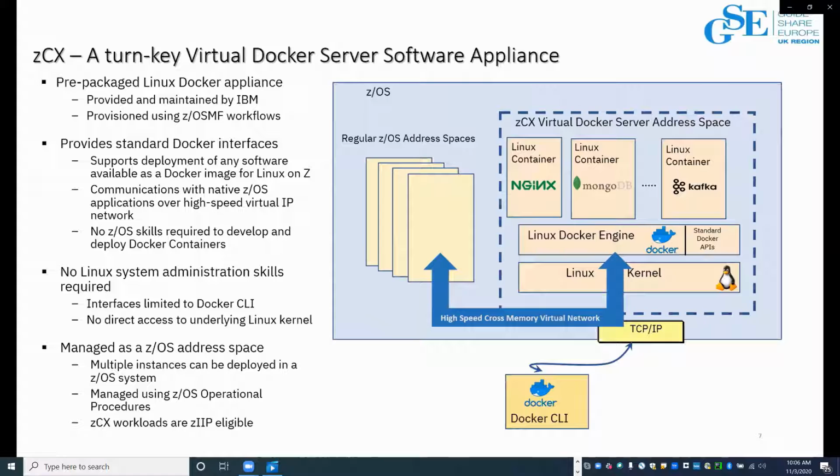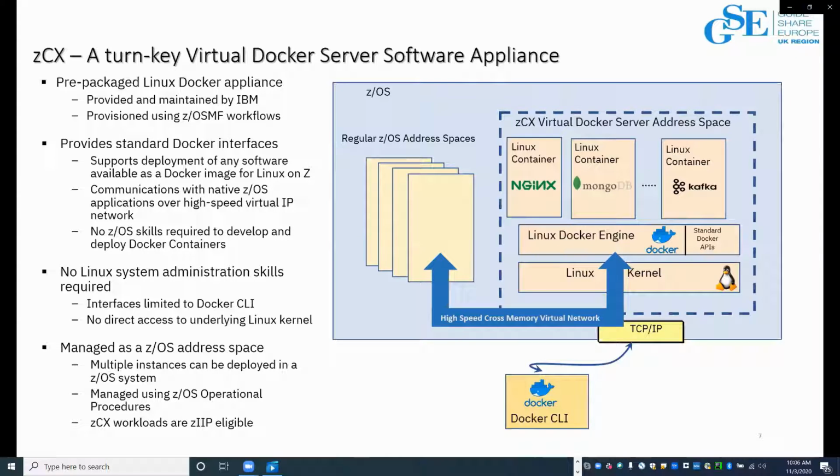And finally, because zCX instances run as address spaces in z/OS, the same operational procedures used for creating WLM policies and monitoring address spaces can be used for zCX address spaces as well. You have the flexibility to deploy more than one Docker container within zCX, as shown here, or you can configure and start more than one zCX address space per z/OS system.